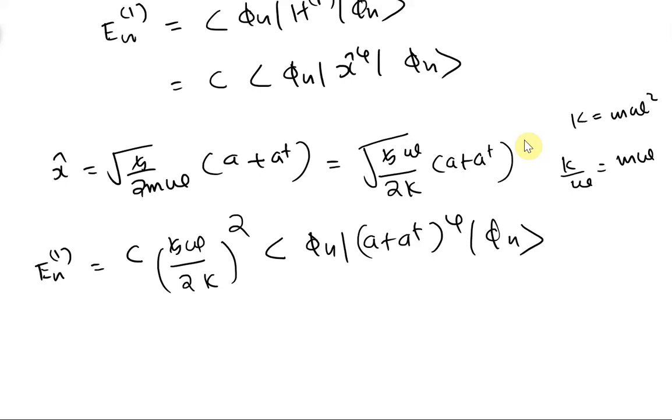In the case of a harmonic oscillator, we will not always put this φ. We can just represent the state with n itself. That is much more convenient.